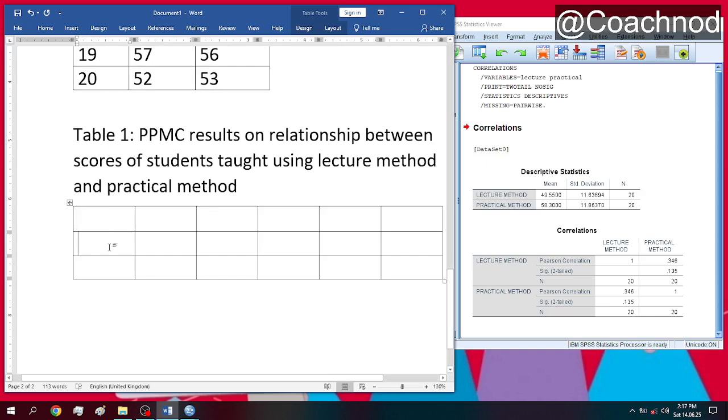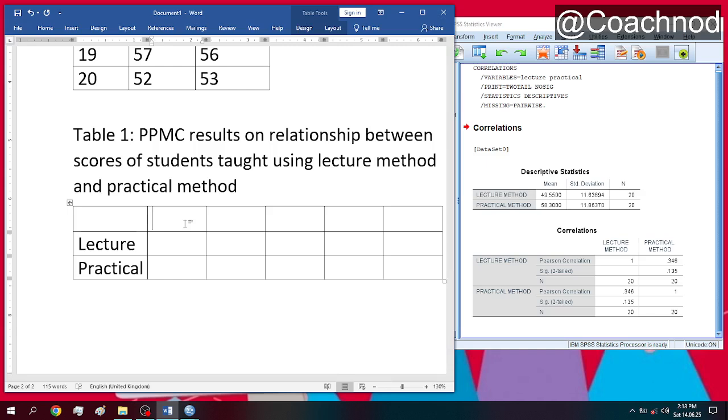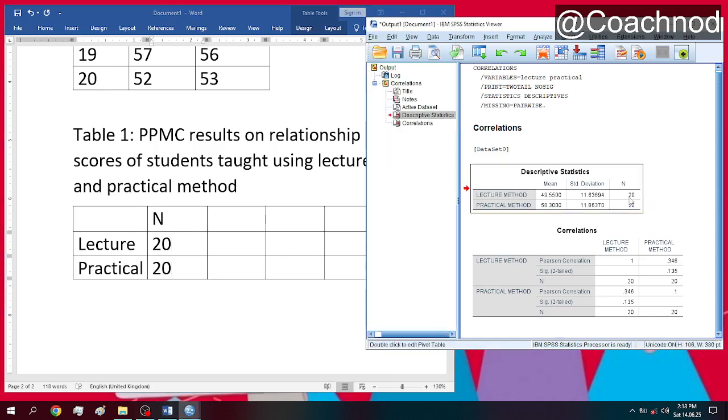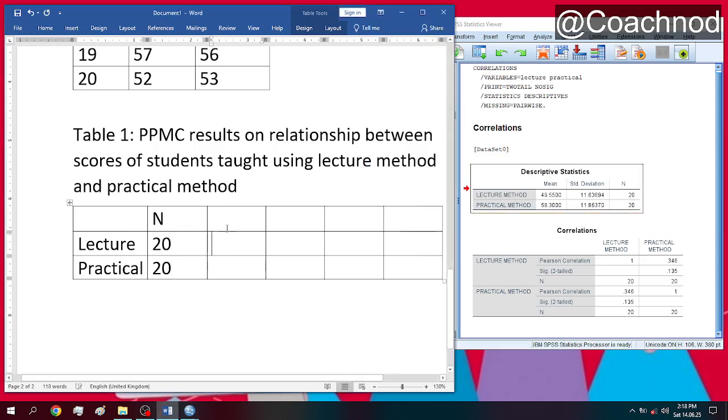So now, the first one is lecture method. Second one is practical method. The first thing that we have is what? It is n. Our n is 20, 20. You can see from the result over here. So you just need to copy it out. So we are interpreting now. We want to interpret.